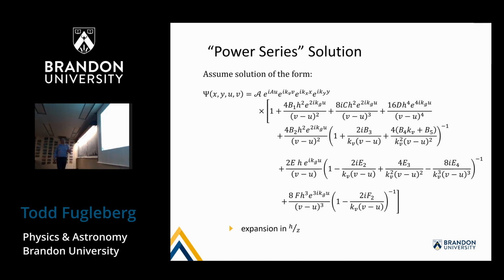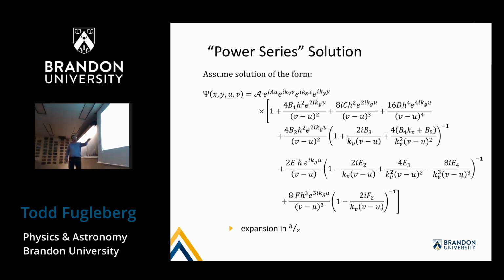It's ugly, it's horrible. It's something you can't just look at and understand what it means. One thing to notice though is that you've got an h on top and you've got the v minus. So each term is a different power of h over z. This is a small quantity that's getting smaller and smaller.